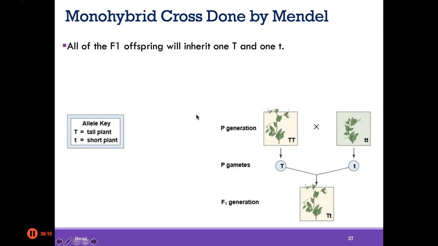Because all the F1 offspring will inherit one big T and one little t. So what is the F1 genotype? We say that F1 is big T, little t. They're heterozygous. And all of them, 100% of the F1 were tall. So which trait was dominant? Tall must have been dominant because there were no short plants in the first generation.